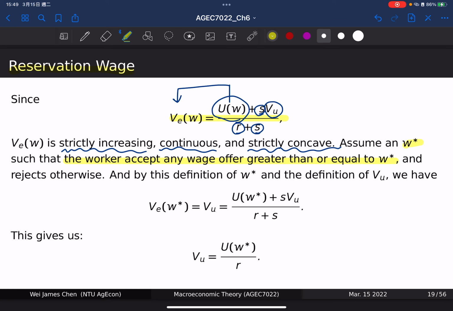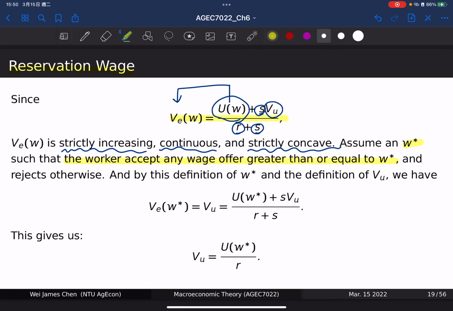This should be straightforward. There should be a cutoff where if the wage is high enough, I will accept the job, and if the wage is too low, I will not accept the job.